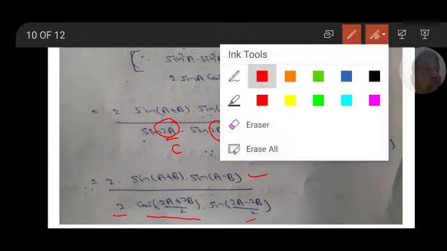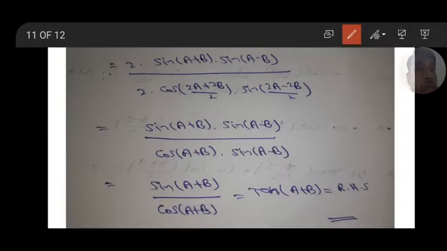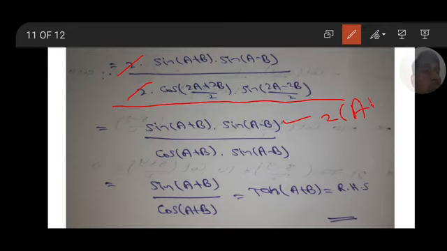Okay, and now we have to simplify. In the numerator, the 2 cancels out, leaving sin of a plus b into sin of a minus b. Here 2 is common in 2a plus 2b by 2, so it is 2 of a plus b by 2. The 2 cancels out, and we get cos of a plus b.